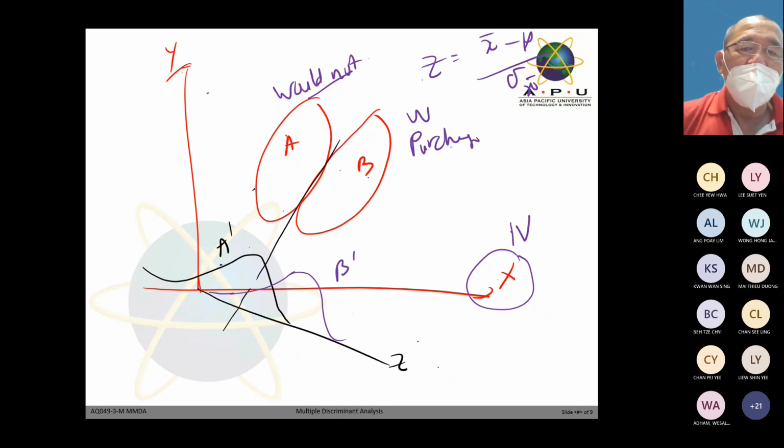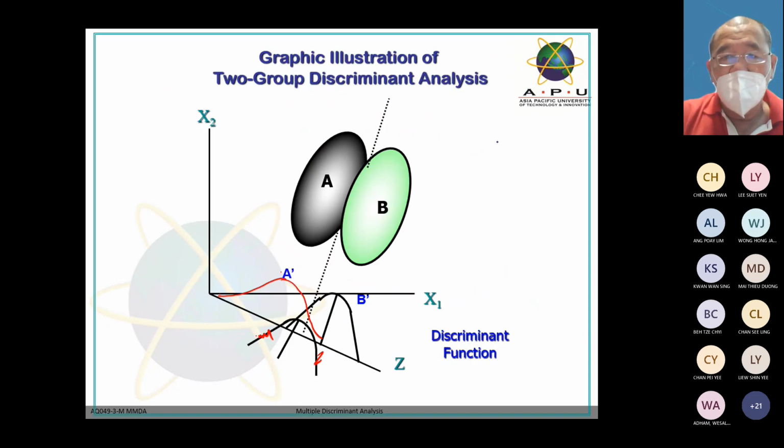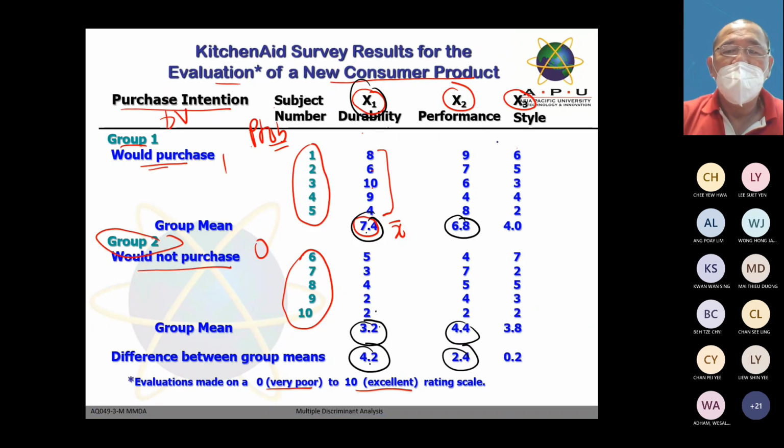Why Z? Because X can be here if only one easy, but can be more sometimes. Let's say here got three independent, but here still easy. Sometimes different unit. For example, working experience how many years? Your previous pay how much, in ringgit? Can I say the different unit?